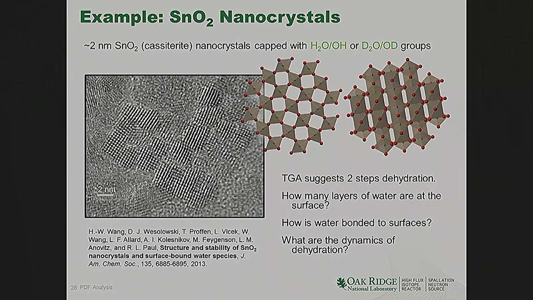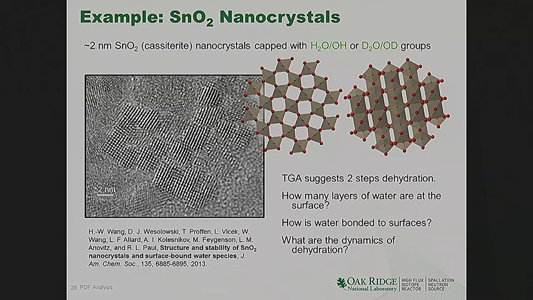And they noted that very small tin oxide nanocrystals, when you put them in thermogravimetric analysis, have two steps of dehydration. So it suggested that there might be several types of water or something else existing at the surface of these particles.